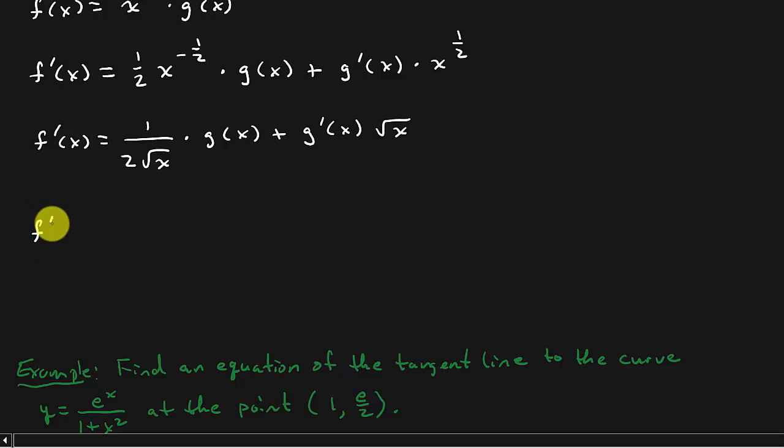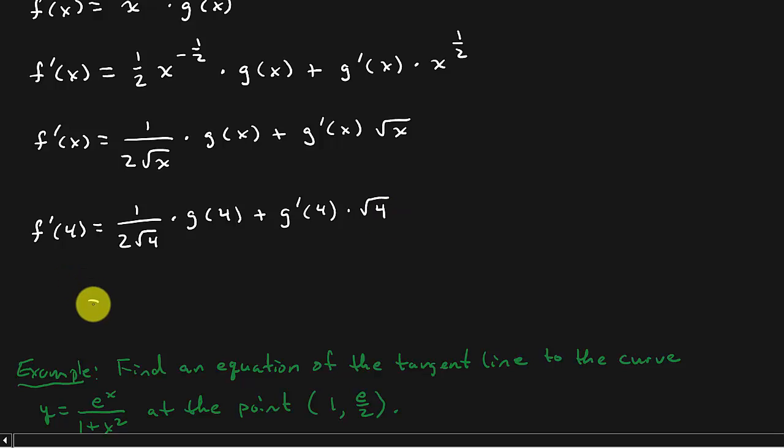So f prime of 4 is equal to 1 over 2 square root of 4 times g of 4. All right, we're replacing all the x's with a 4, plus g prime of 4 times the square root of 4. And so this is going to give me 1/4, the square root of 4 is 2, times g of 4.